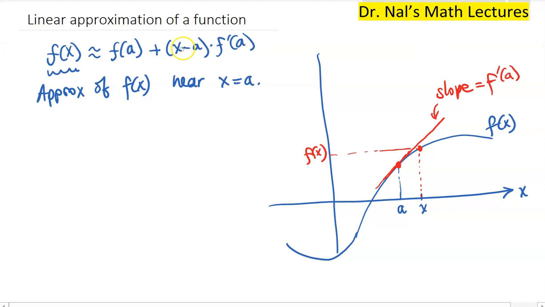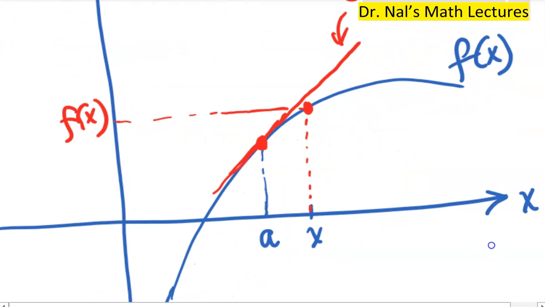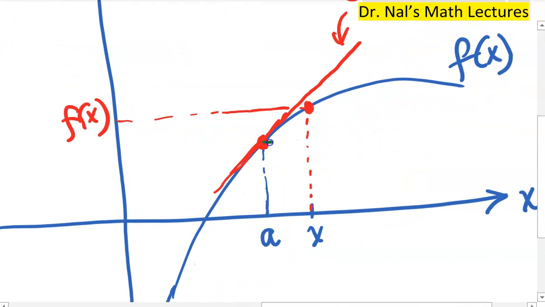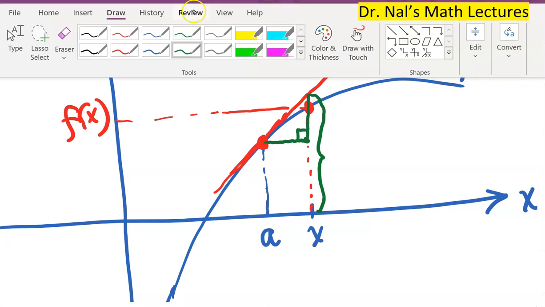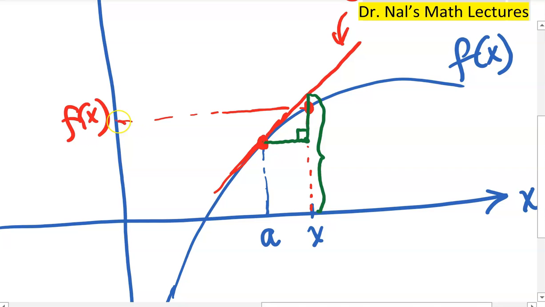If you zoom into this picture, we suddenly realize that if you consider this triangle, a right triangle for that matter, we can instead look at the tangent line and look at this value instead of calculating that value. Do you see? So the error term is extremely small, namely this distance over here.